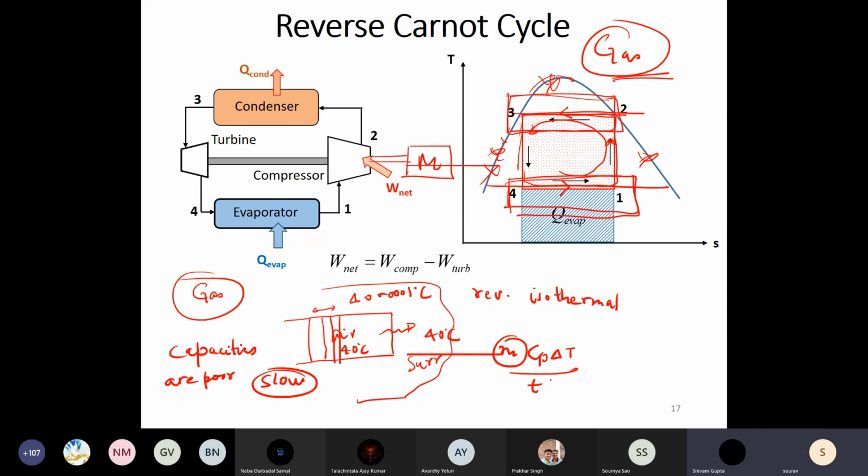Whenever you have isothermal processes, this is the biggest issue.